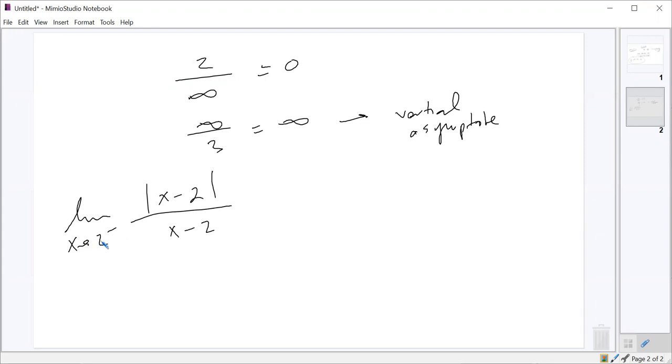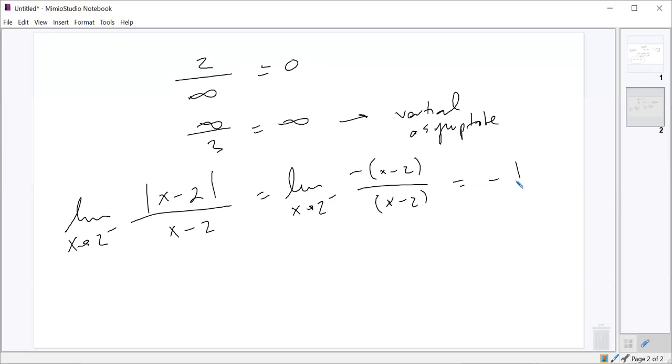If I plug in a number to the left of 2 into this absolute value, something like 1.99999, that makes the thing inside a negative number, which means that this really becomes the limit as x approaches 2 from the left of the opposite of x minus 2, because we have to remember the definition of the absolute value, right? The definition of the absolute value is if the thing inside of it is negative, take the opposite of it. If the thing inside of it is 0 or positive, keep it the same. So since this is approaching from the left, this becomes the opposite of x minus 2 over x minus 2, which is just negative 1.